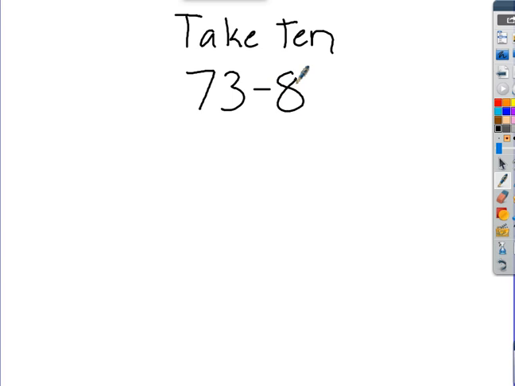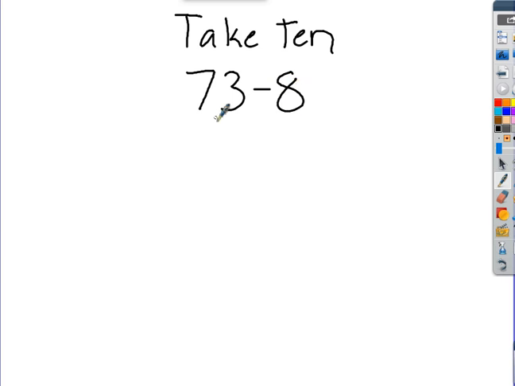Now let's shift our attention to Take 10. Take 10 is going to be used for subtraction. So let's start with 73 minus 8.